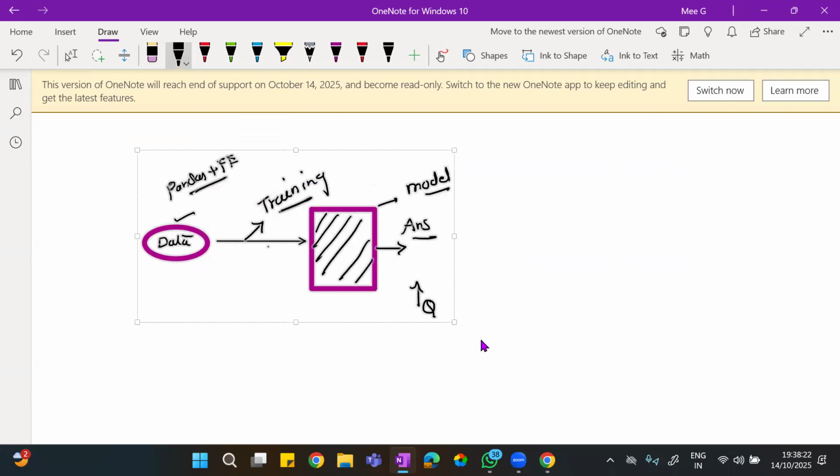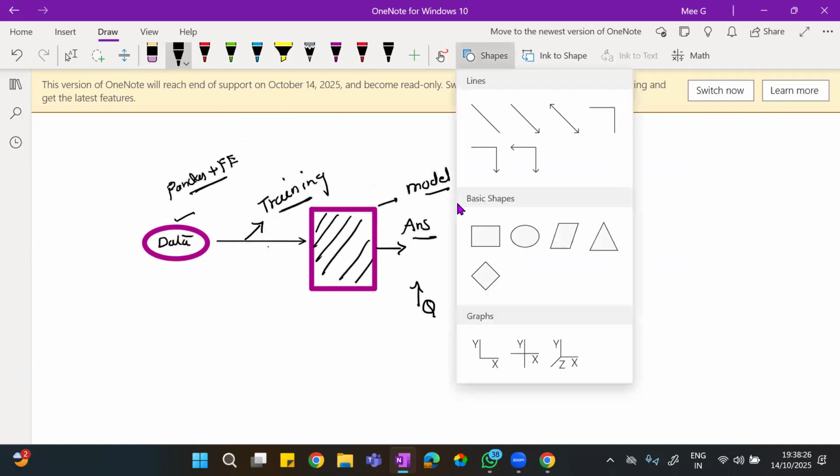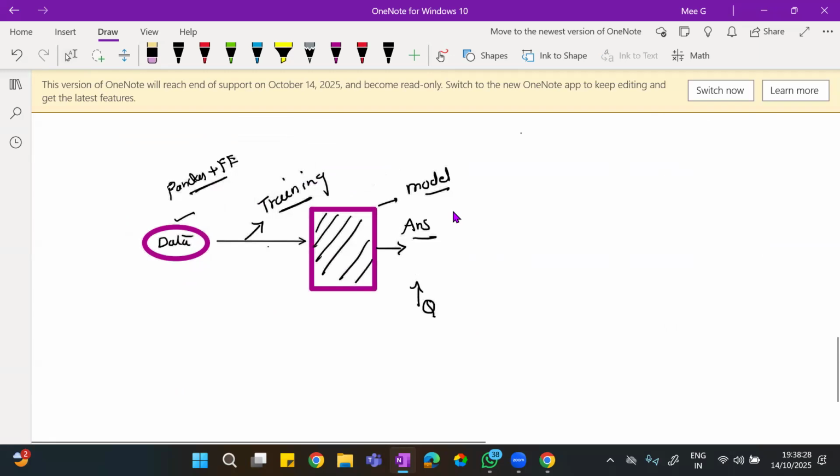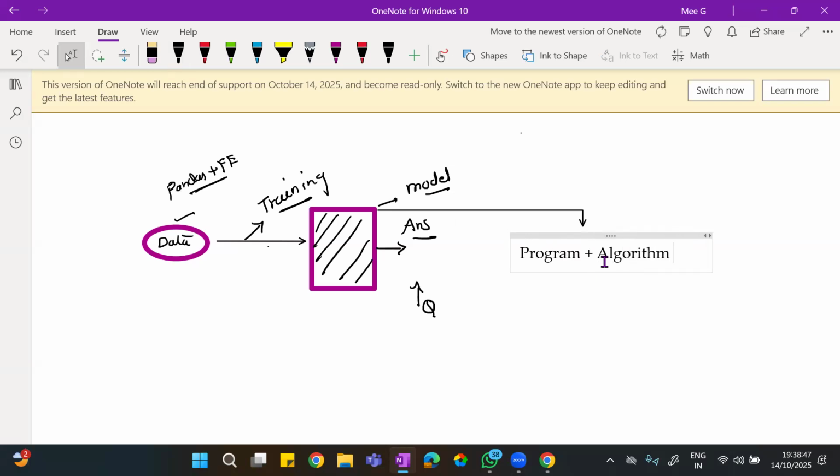See, you can take it like this: a model is nothing but a program based on an algorithm.